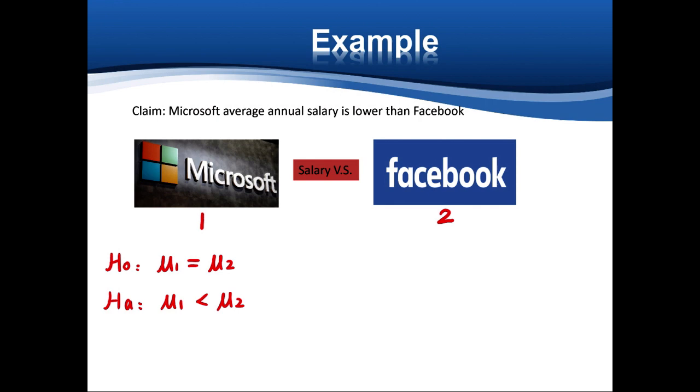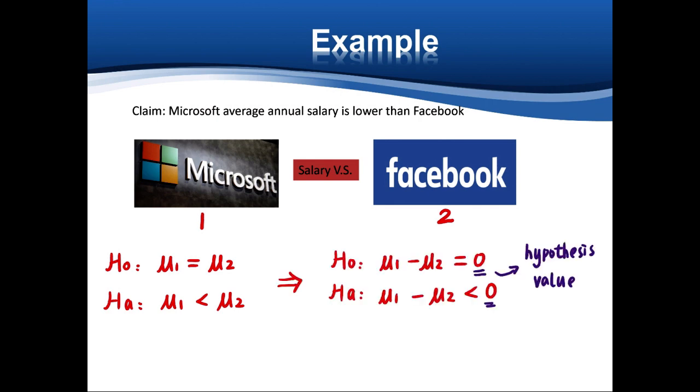We write one more step in mu1 minus mu2 form. That is mu1 minus mu2 equal to 0 in H0 and mu1 minus mu2 smaller than 0 in HA, where 0 is the hypothesis value.